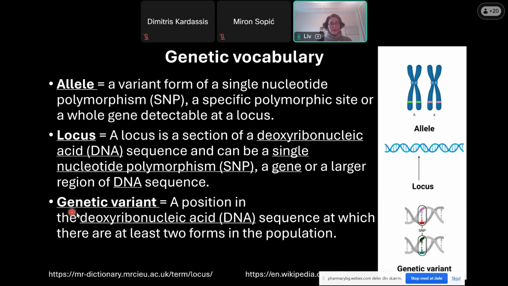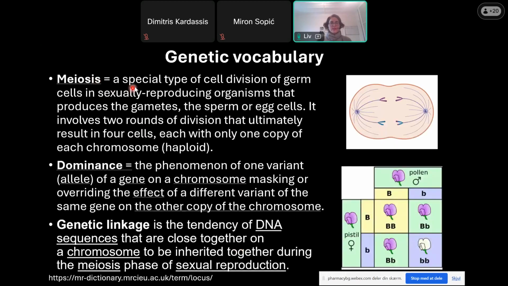A genetic variant is a position in the DNA sequence at which there are at least two forms in the population. That's what I'm illustrating here. Here one variant is CG and the other one is TA. Meiosis is a special type of cell division of germ cells in sexually reproducing organisms that produce the sperm or egg cells.